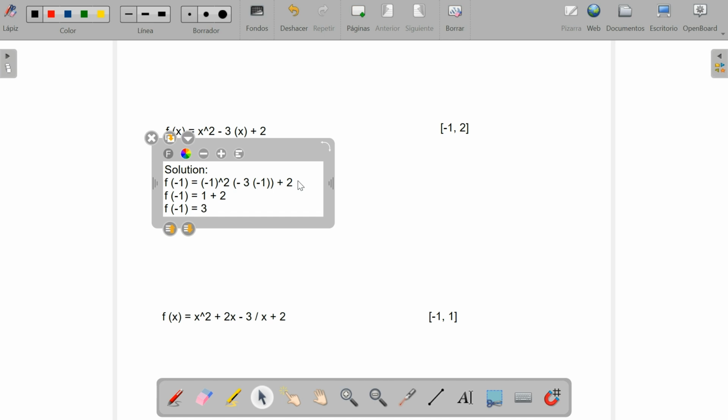Now that's not the solution. Being honest, I don't know why it is different from my solution here. Let me check it. Well, I know why it is different.